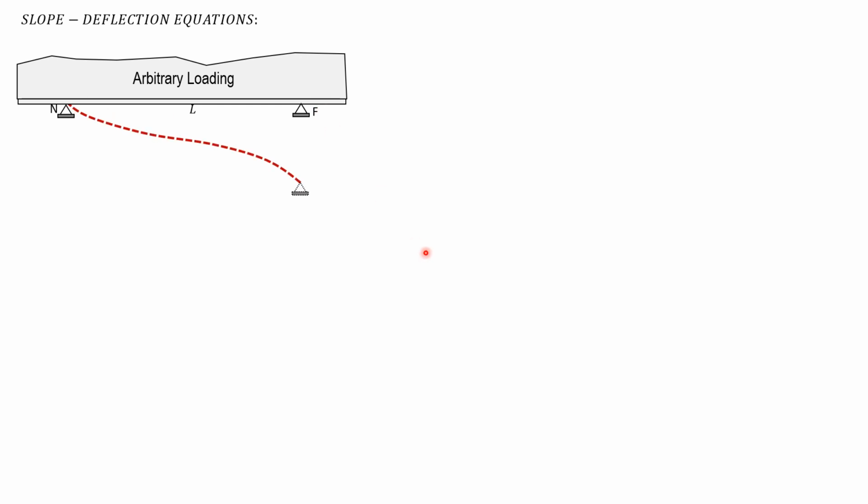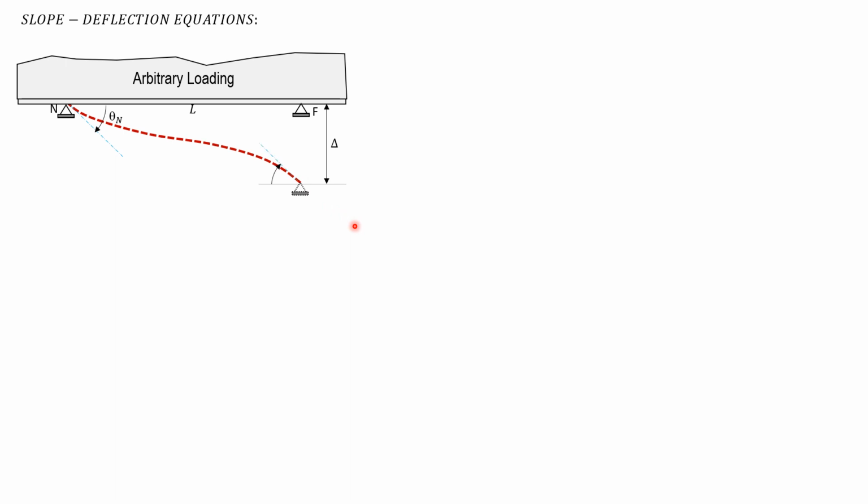Then we draw the tangents at N and F. So this is the relative displacement. Let's call that delta. Then the tangent at N rotates clockwise. Let's call that theta N. The tangent at F at the far end also rotates clockwise.